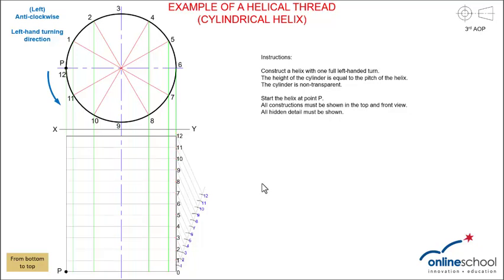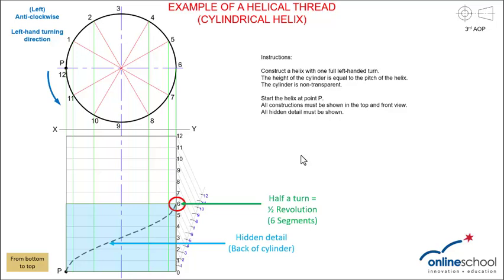Now I will make use of my ruler and I will draw a horizontal construction line from each one of these 12 segments that I've determined on the right edge of my front view. This will divide the height of 120 millimeters of the front view of my cylinder into 12 equal segments, and each one of these segments will now be 10 millimeters in height. I also have now created a grid layout on my front view.